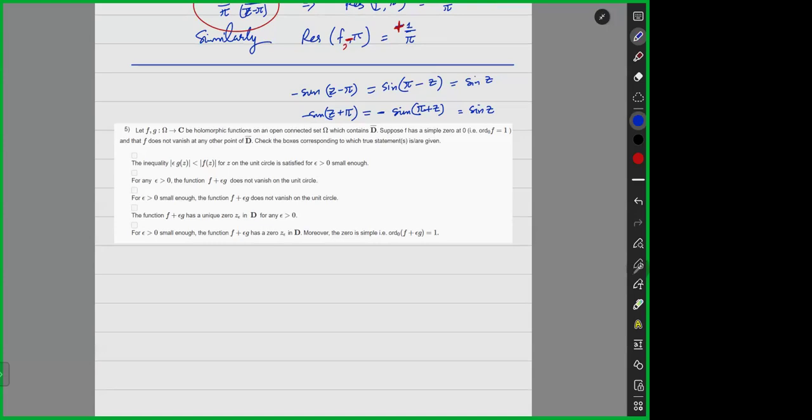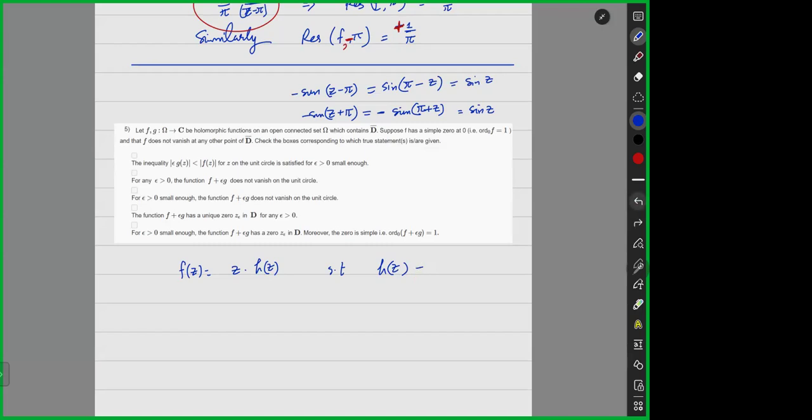Okay, the fifth question is about f and g, holomorphic functions on an open connected subset of the complex plane which contains the unit disc closure. Suppose f has a simple zero at 0. Then f can be written as f(z) equals z times h(z), such that h(0) is non-zero.